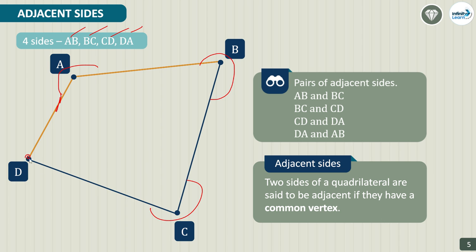The both sides are having a common vertex, so it means this side is adjacent to this side. Clear to each and everyone? Okay, fine.